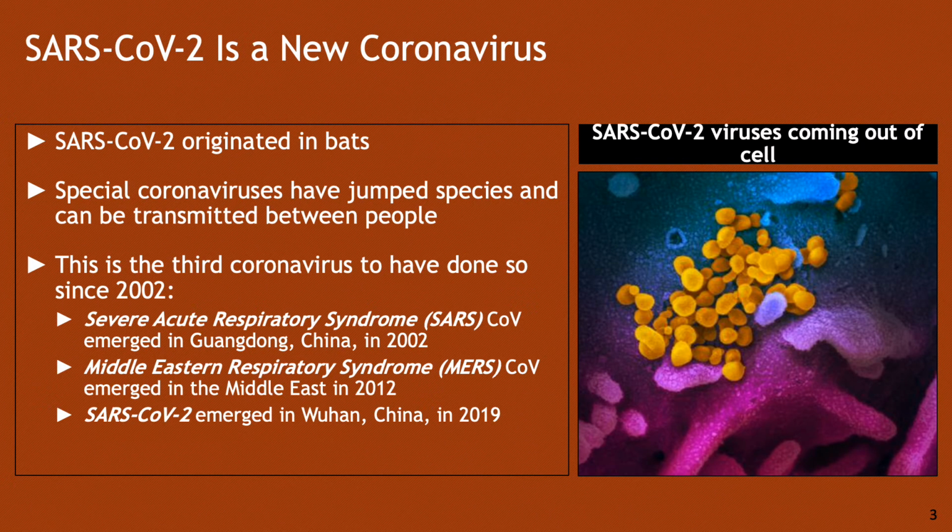Now, this SARS-CoV-2 is a new coronavirus. It originated in bats, and some of these coronaviruses can jump from species to species or can be transmitted between people. This is the third coronavirus that we've experienced since 2002. We recall SARS, the severe acute respiratory syndrome that emerged in Guangdong, China in 2002.